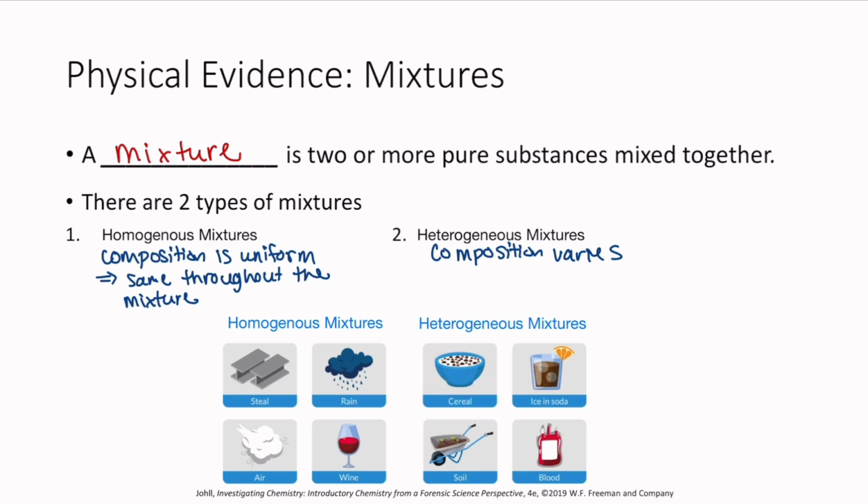So you can see it's not going to be uniform. Every bite of cereal I take is not going to be exactly the same. So samples of a heterogeneous mixture are not going to be the same as the original mixture. When you have ice and soda, it is going to be a heterogeneous mixture. Soil and blood can even be a heterogeneous mixture as well.